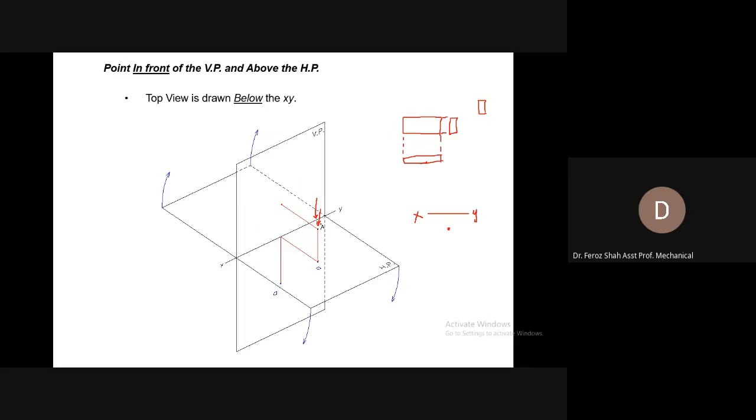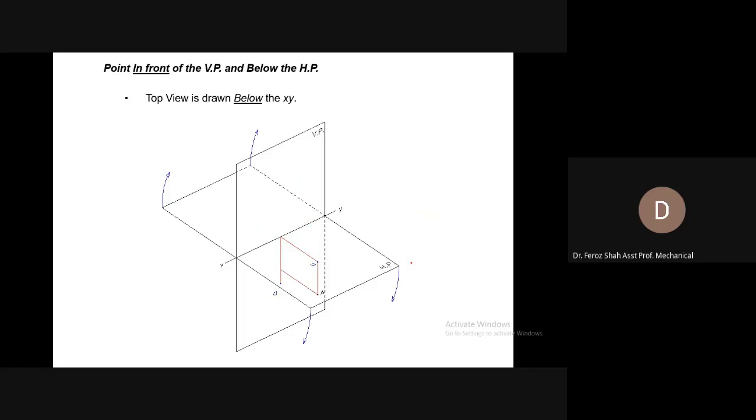And the front view, as you can see, will always be above the XY reference line because it is the case of the first angle projection as well. So the top view comes below the XY reference line when the point is in front of the vertical plane.